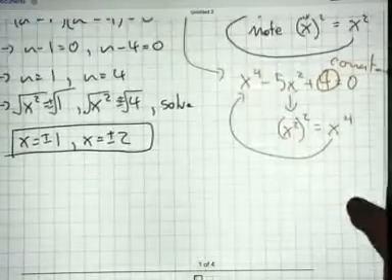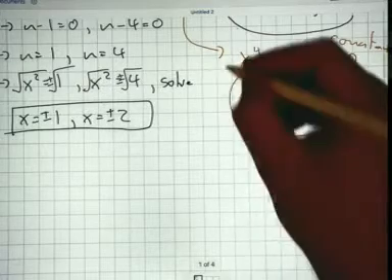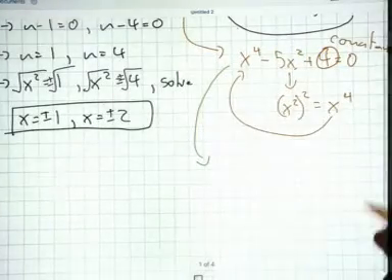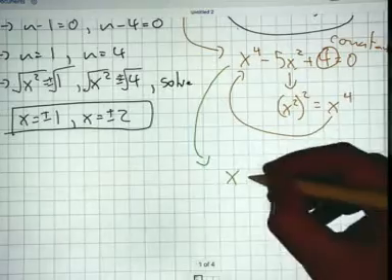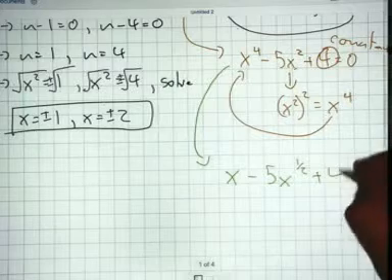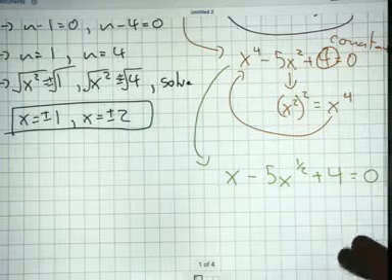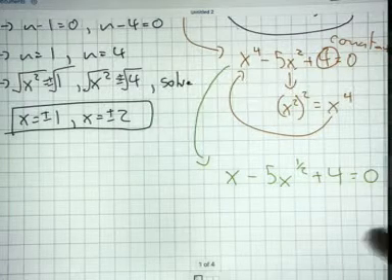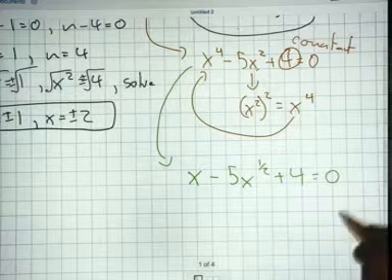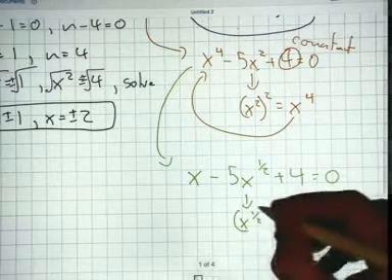I'm going to make another quadratic type equation using these same coefficients. Check this out. Let's do a different color. What if I change it to x minus 5x to the 1/2 plus 4? Is that quadratic in type? So pretend like I gave you this question on the exam. How would you solve this question? Well, I would take a note and say, what happens if I take x to the 1/2 and I square it?